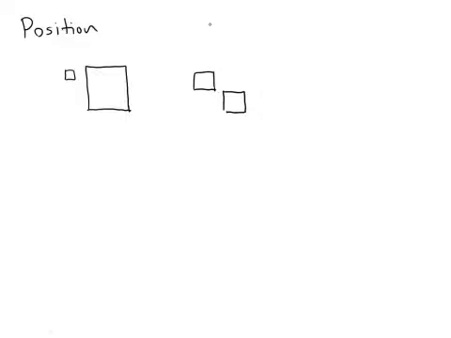I'm going to assume, in this case, rule regarding position, rule 1, is that lower equals closer to me. So I'm going to assume if I draw these two squares that this one is probably a little bit closer to me than that one is.